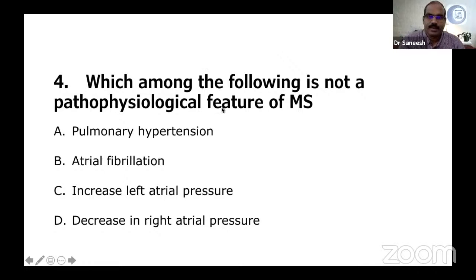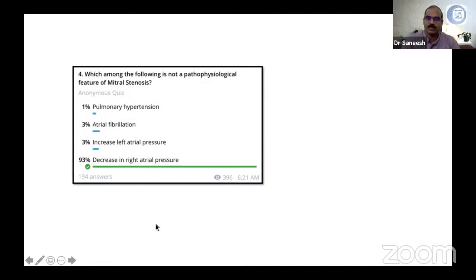Almost 79% voted. I am stopping the poll now. There is not much contrast this time, so almost both the groups are zeroing in on the right answer.